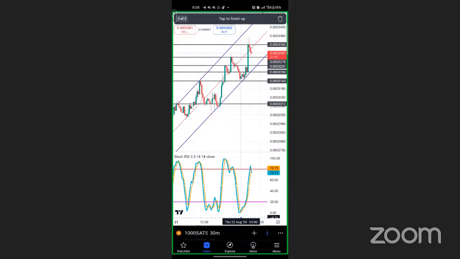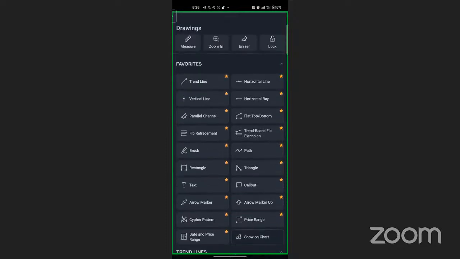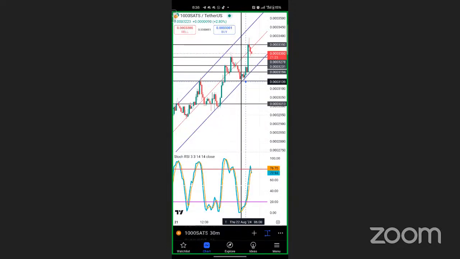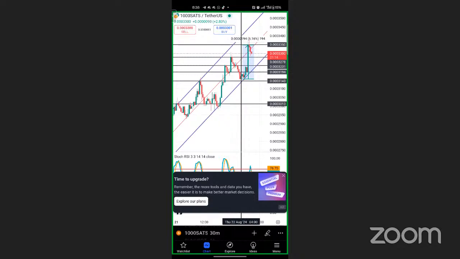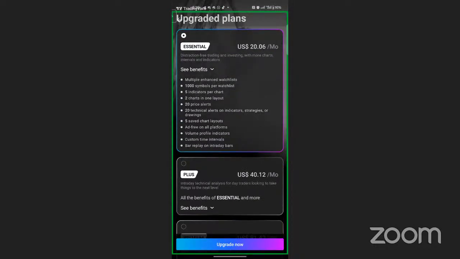If you had joined at the crossover here in the oversold, and this is over how much? Over 6%. Just using the RSI in the oversold area would have given you 6%, for those who attended that class.